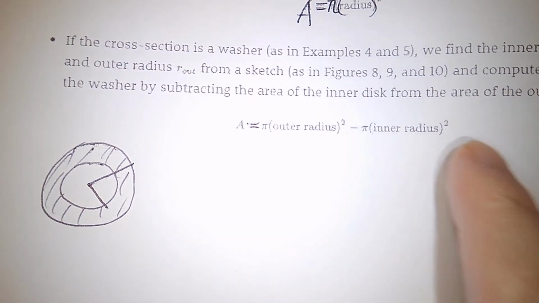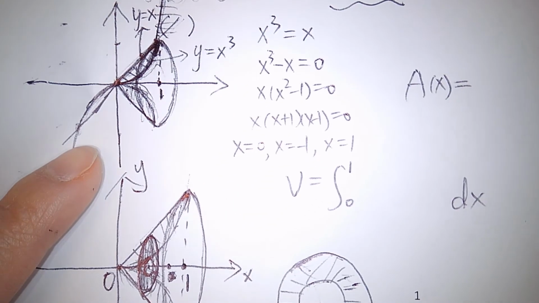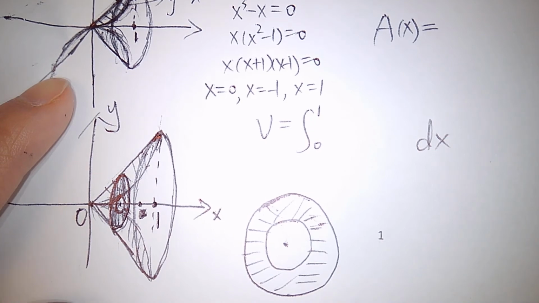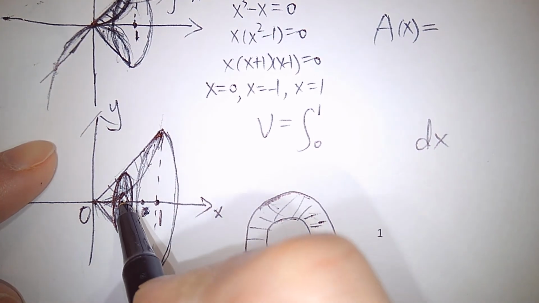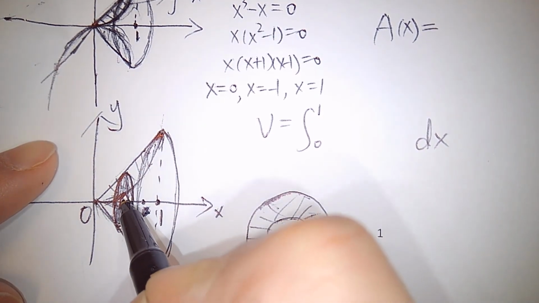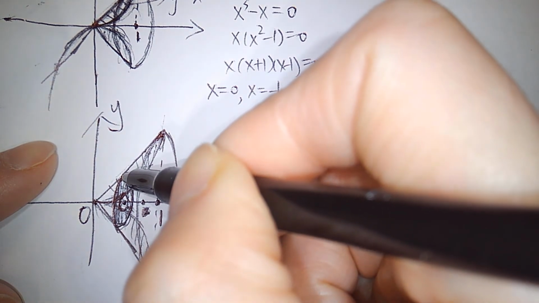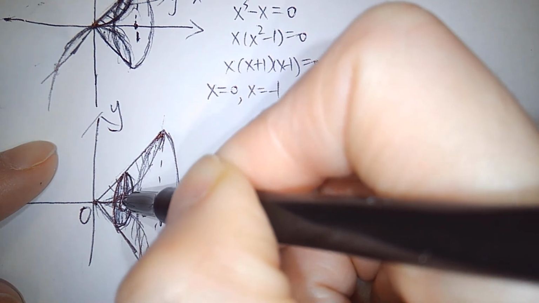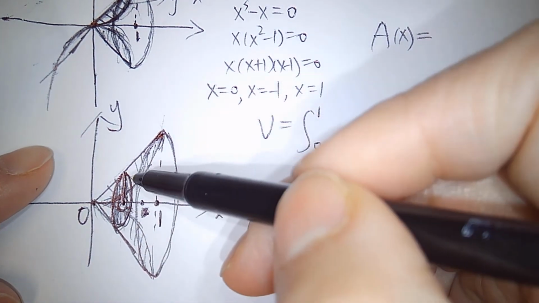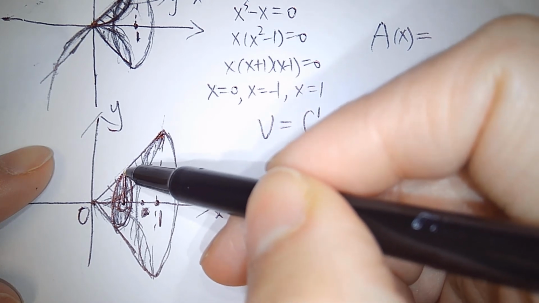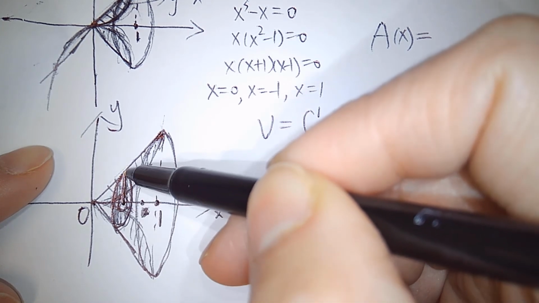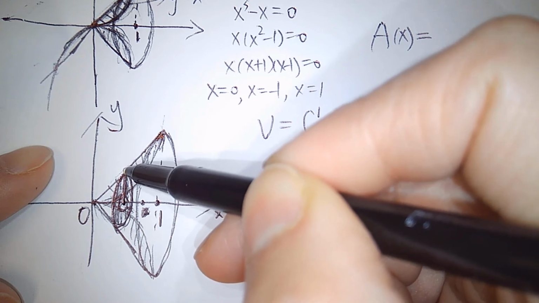Right? Now for our question, how do we find the outer radius and the inner radius? When x equals x, the outer radius is this, right? How do you figure out the length of the radius? We have to look at this point.